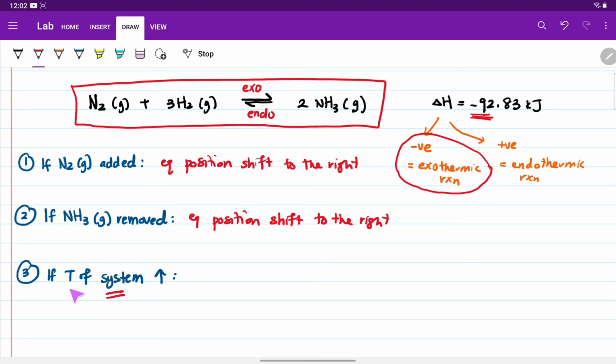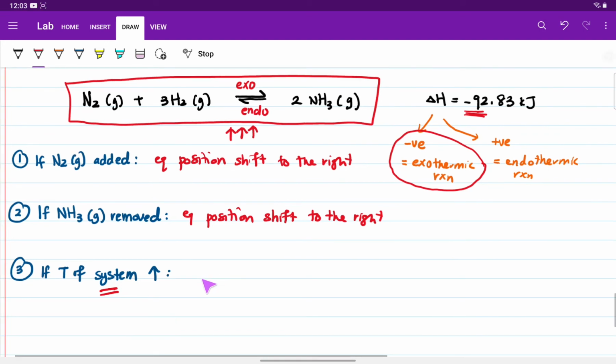Okay. Now, if the temperature of system increase. Okay. So, ingat balik bila temperature apa yang kita nak kena tengok. So, kalau temperature bertambah, disturbance dia bertambah. Jadi nak betulkan macam mana? Kita kena kurangkan temperature. Cara macam mana kita akan kurangkan temperature? Okay, so kita kata endothermic reaction is favored. Okay, kenapa kita favored endothermic reaction?